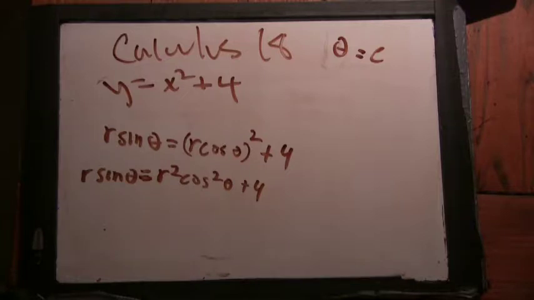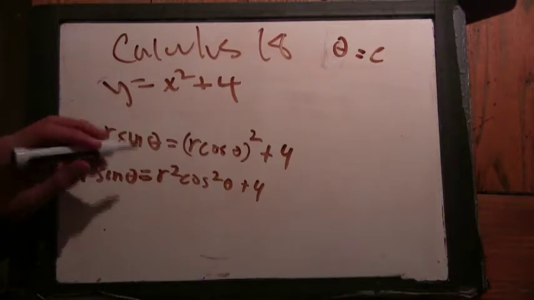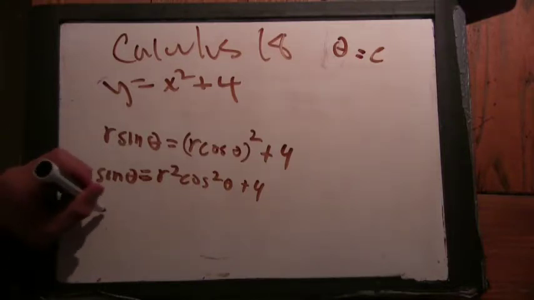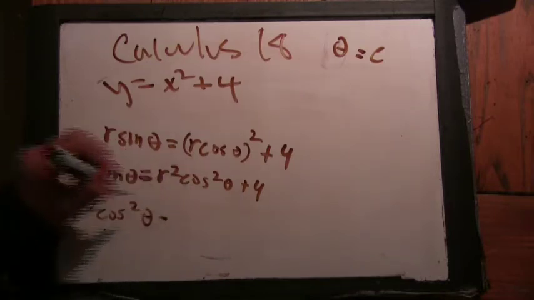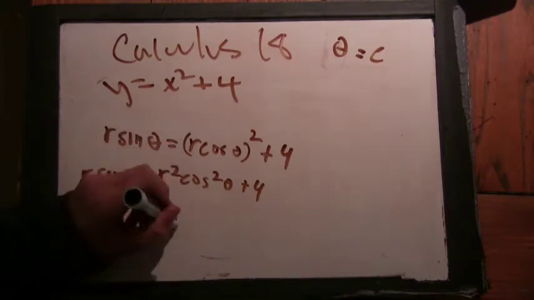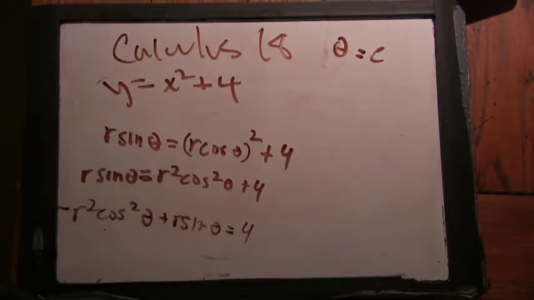Because what we want is to get all the r's on one side. So do r squared cosine squared theta minus that plus r sine theta equals 4.